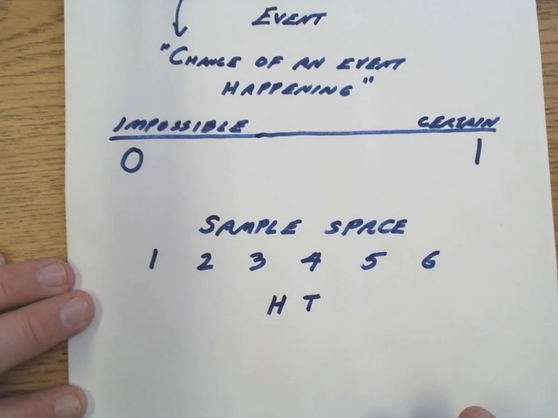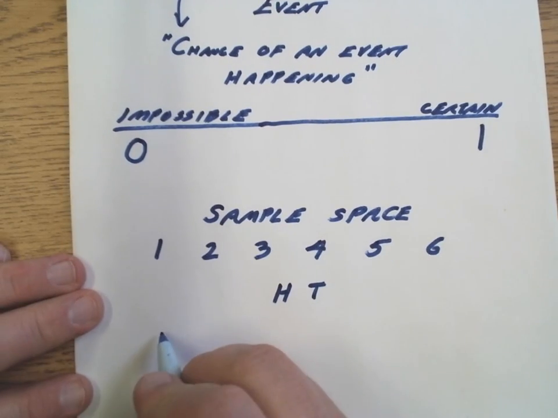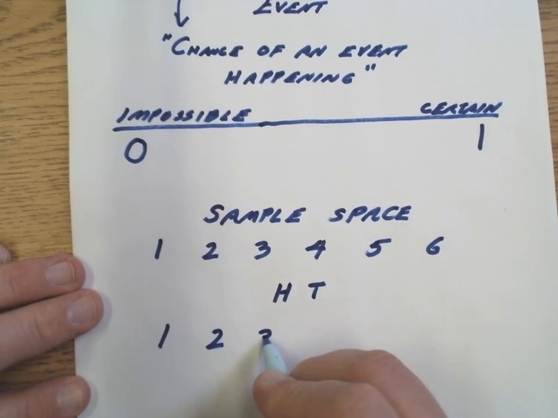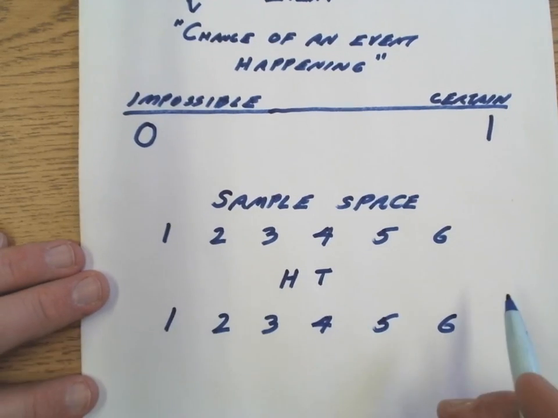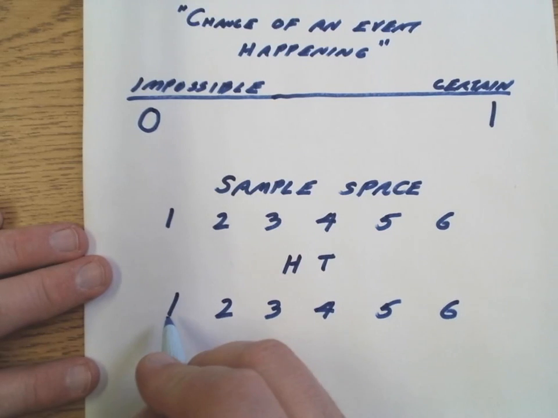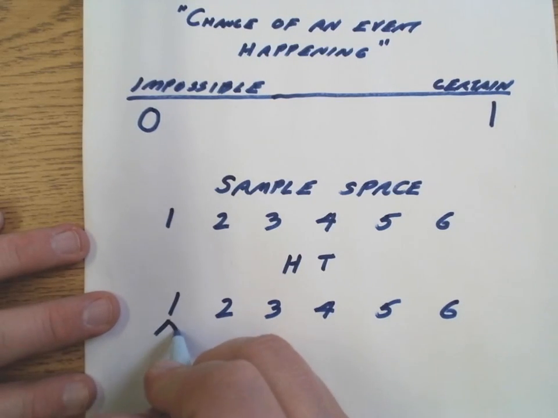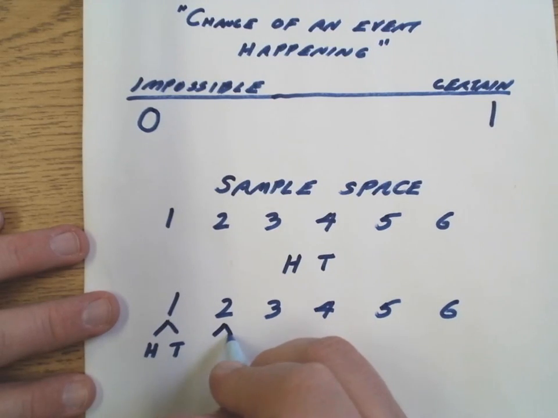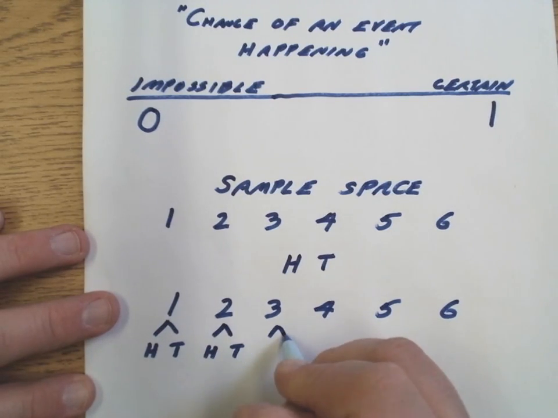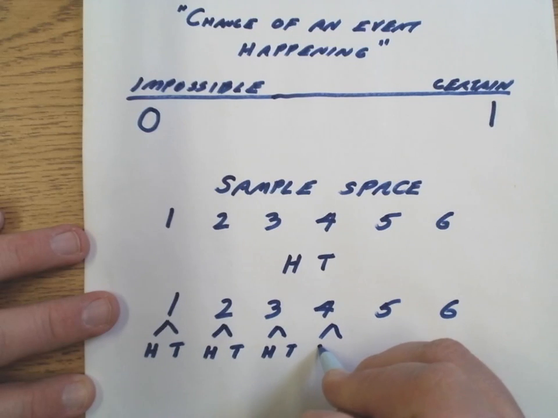Now, we can combine these in the fact that if we were to roll a die and flip a coin, this is the list of possibilities. If we roll a 1, well, we could then have either heads or tails. If we roll a 2, we could also have heads or tails, and this is going to continue all the way through.